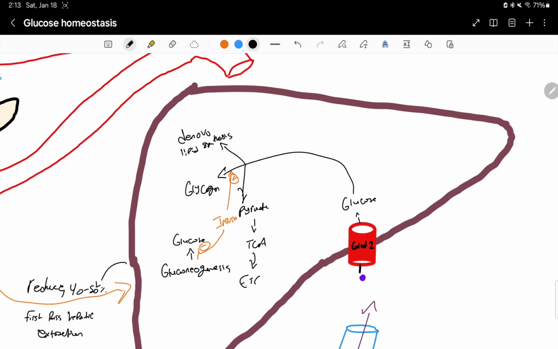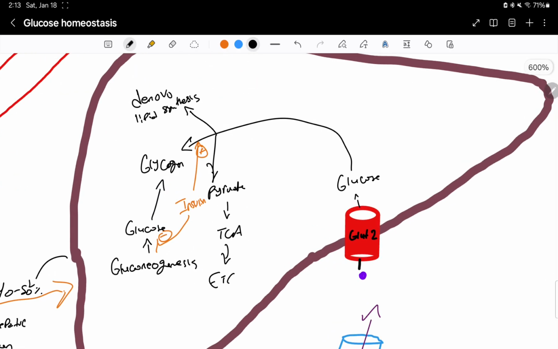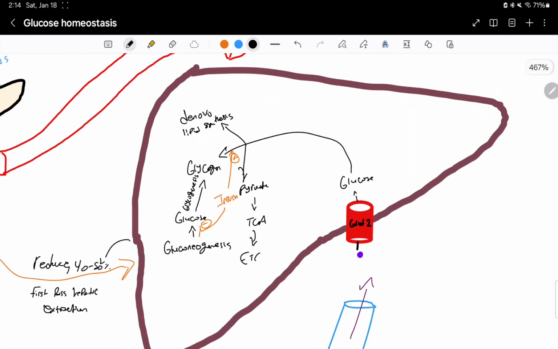What else can it do? I'm also going to show this here. Glucose to glycogen also has a separate name. We said that glycogen to glucose was called glycogenolysis. Glucose to glycogen is known as glycogenesis. Genesis meaning making of something new.